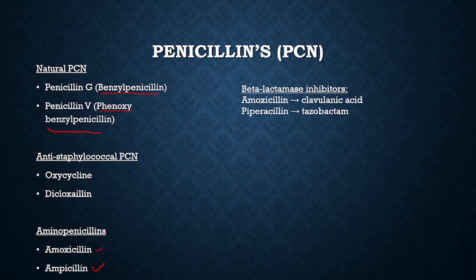And then we have beta-lactamase inhibitors, but first let me explain why they add that to the penicillins. When the bacteria get resistant to these penicillins, which are also called beta-lactams, remember that, they form an enzyme called beta-lactamase.